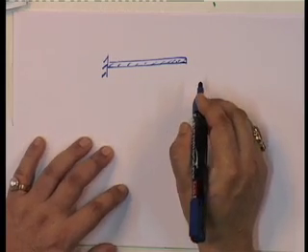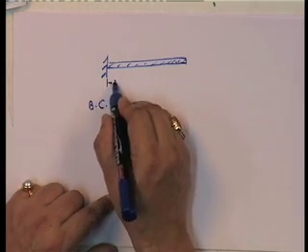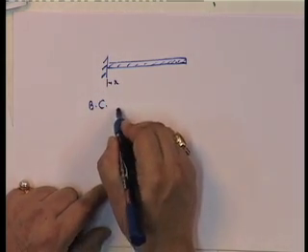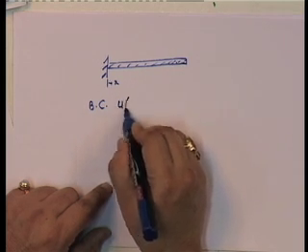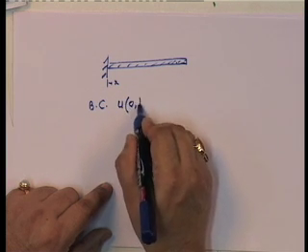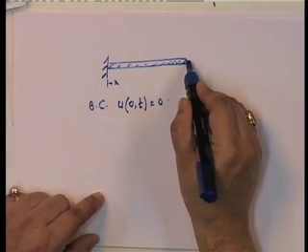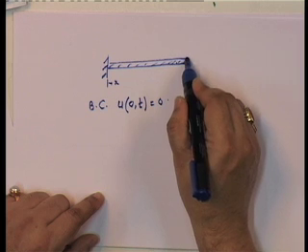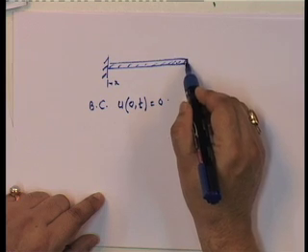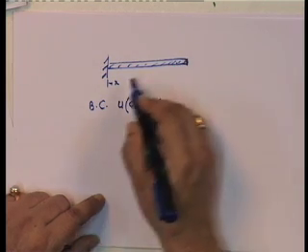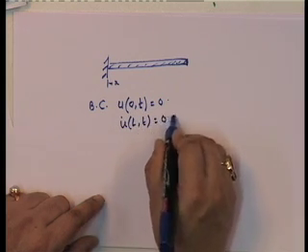So what do I have? My boundary conditions are the following, and I am going to take x from here. u at 0, t is equal to 0. And at the free end, the axial force is equal to 0. I mean, sorry, the strain is equal to 0 because there can be no strain at the free end. So the other one is u dot at L of t is equal to 0.